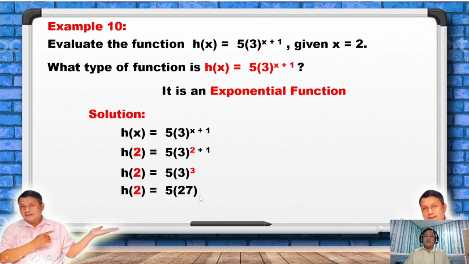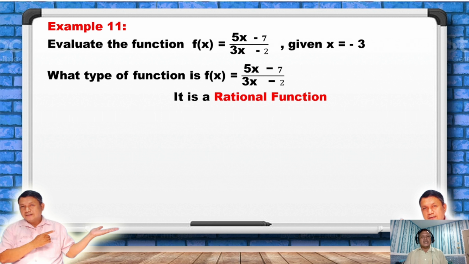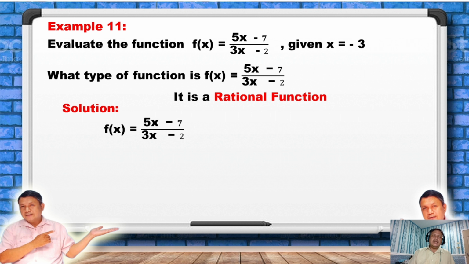Very good, this is an example of a rational function, since our given is in fraction form. This is a bit more complicated, because we know that students tend to struggle with fractions. But don't worry, we will go through it step by step. Given is f of x is equal to 5x minus 7 over 3x minus 2.